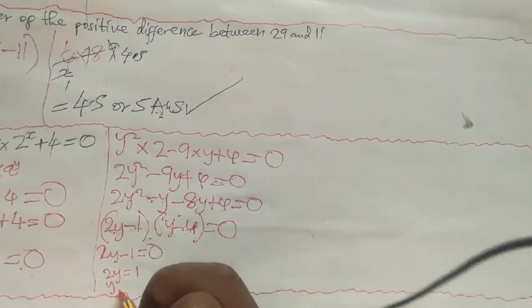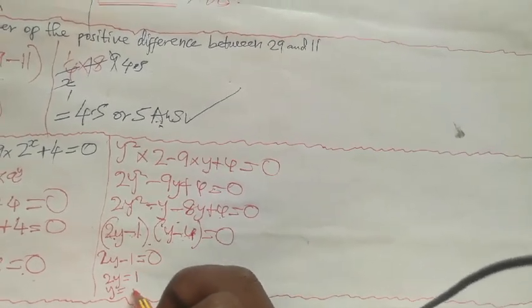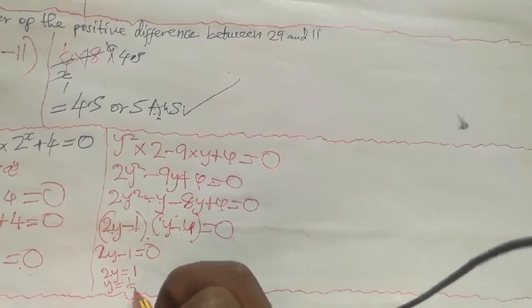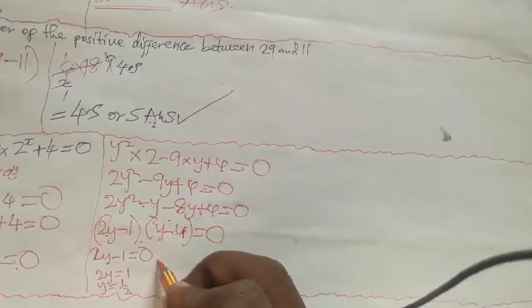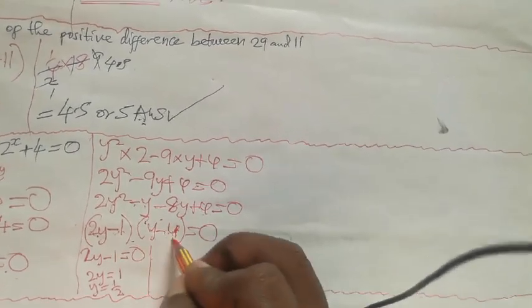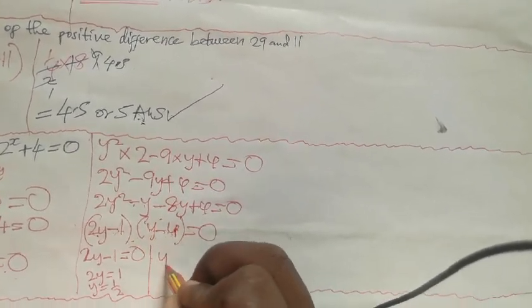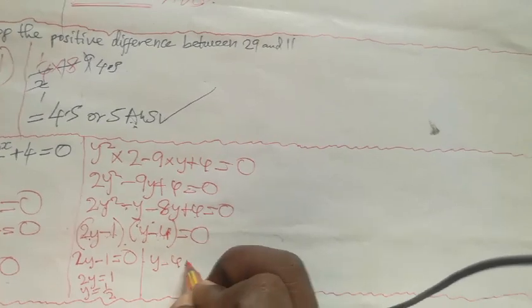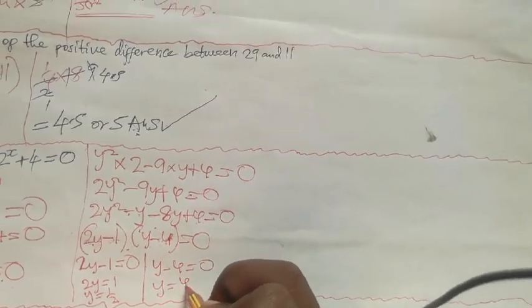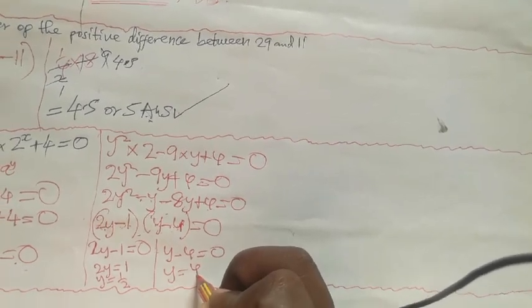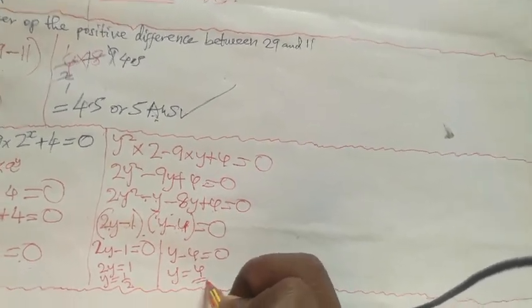Hence, y is the same as a half. In the other brackets, if y minus 4 is equal to 0, y will be the same as 4.